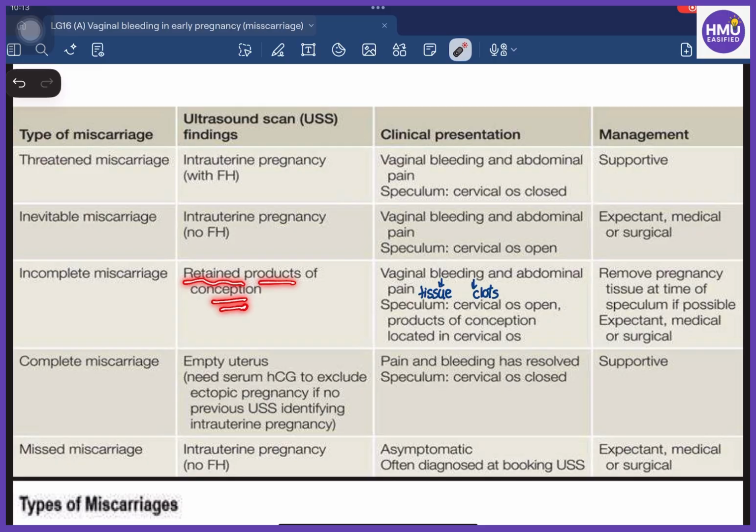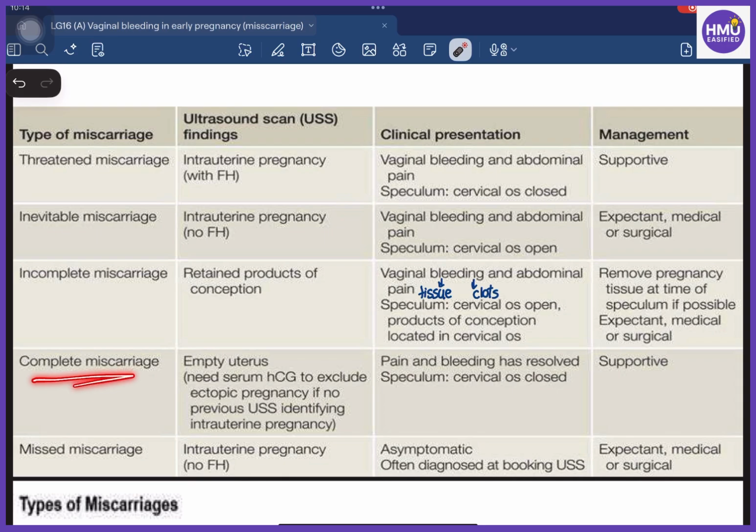Management is to remove the pregnancy tissue from the cervical os if possible, and expectant, you wait, or medical and surgical treatment.